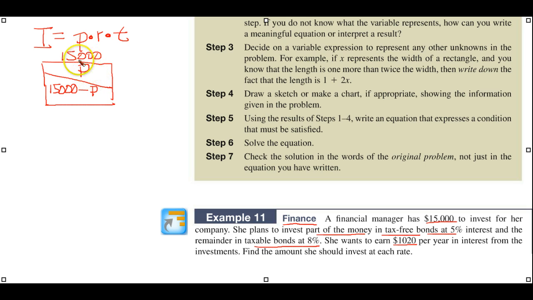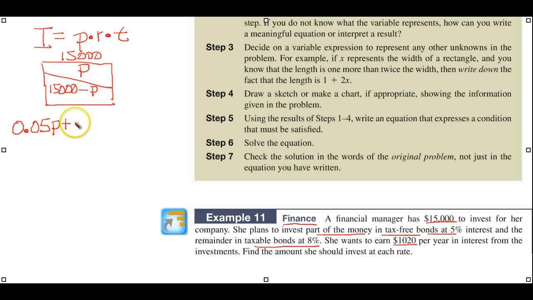So, one investment, and let's see, we want to have 5%. So we're going to take 5% of this first part. So rate times principal times time. Now time is just 1 year, so we don't need anything else there.